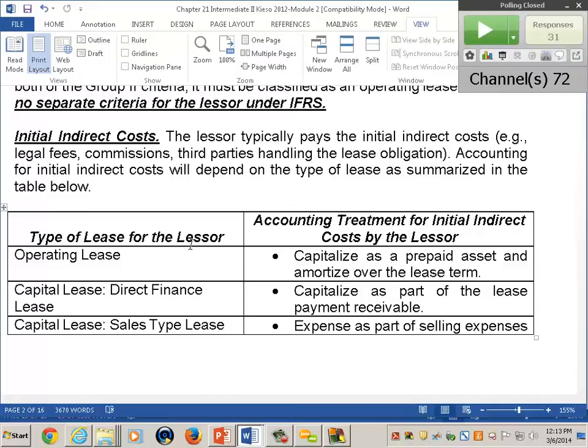Now, when we amortize it, again we think about this as future benefit. The future benefit is going to be the rentals, and the rentals could include, as you said, higher payments.